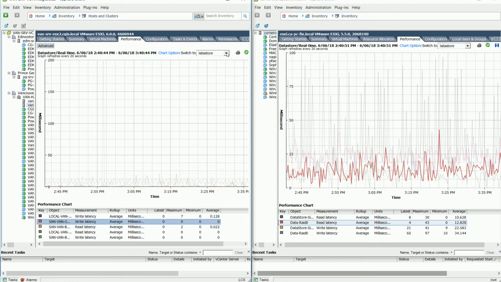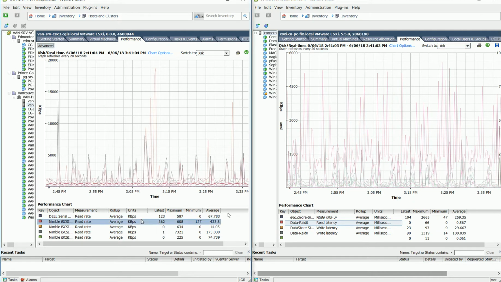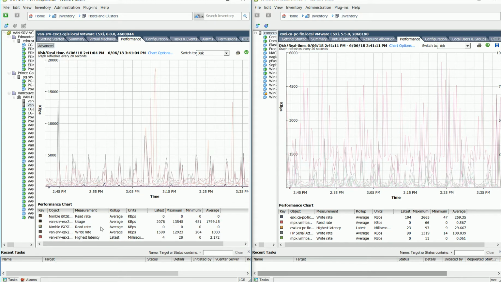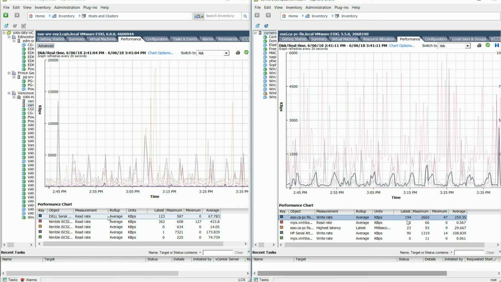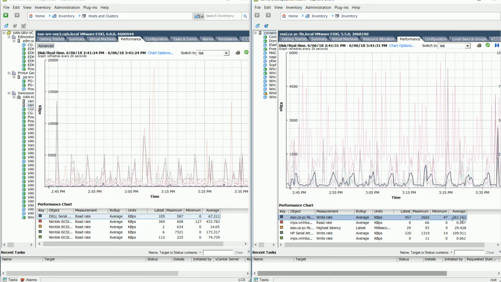If we move forward to disk, we can see the read rate and write rate, which shows how busy this server is. Interesting, this one has the higher write rate.